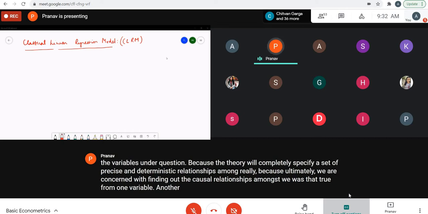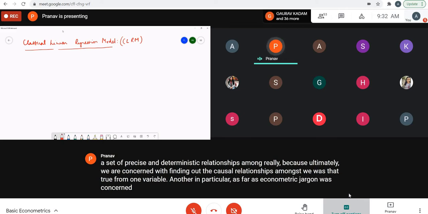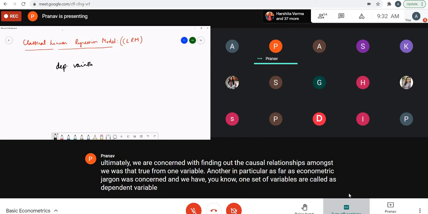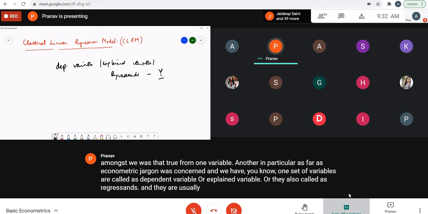In particular, as far as econometrics jargon is concerned, one set of variables are called the dependent variable or explained variable, or they are also called regressands, and they are usually denoted by y.